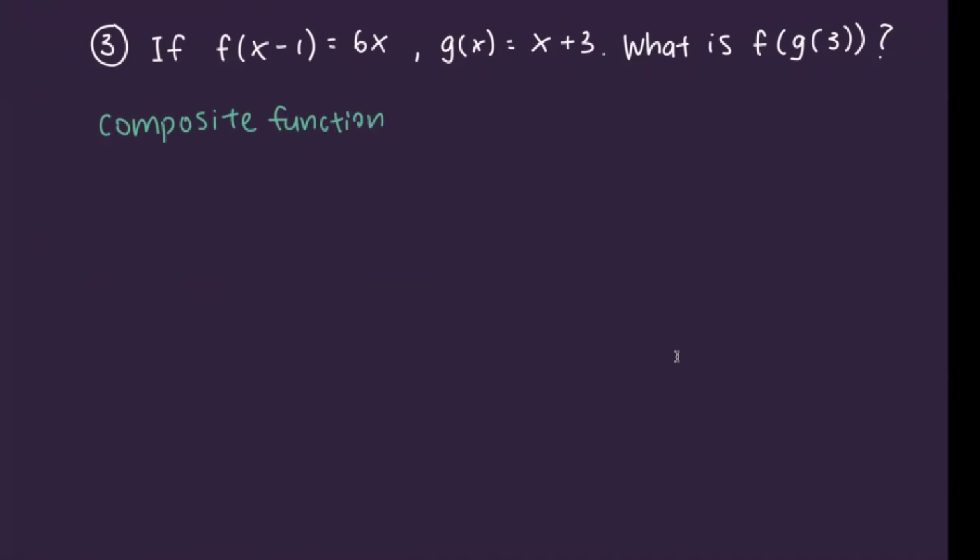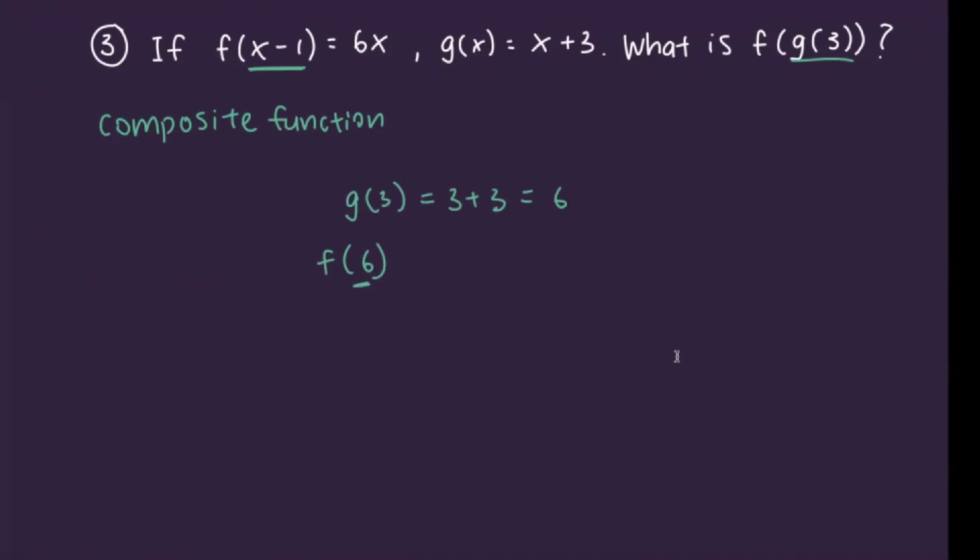So first, we will start from the inside and work our way out. First, g of 3 is equal to 3 plus 3, which is 6. So now we have f of 6. Since our function here is given as f of x minus 1, what's x to get the 6 in here?